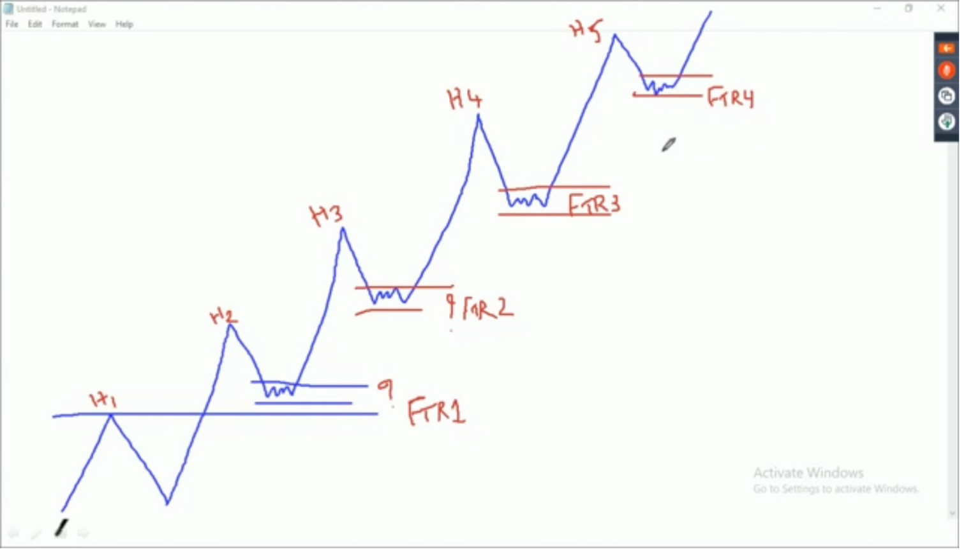A series of FTRs formed is called an FTR escalator. Why do we call it an escalator? It is like your escalator. Now, when will you get such a series of FTRs? In a strong bull run, in a very strong trending market.